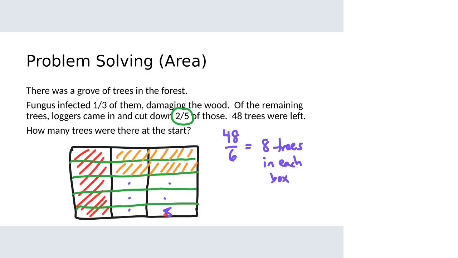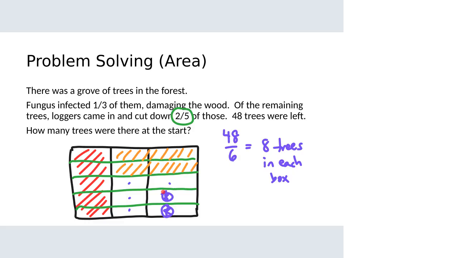So there's 8 trees in each box, and I can take that one step further. If there's 8 trees in this box, there's 8 trees in every box in this whole thing. Every box is the same size because that's how I cut it.